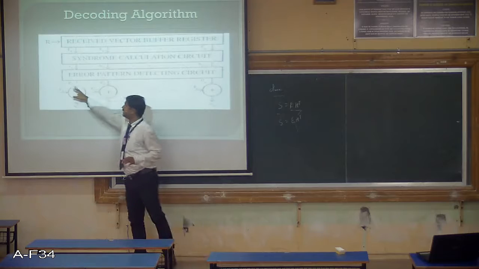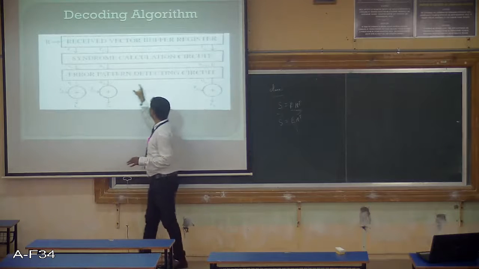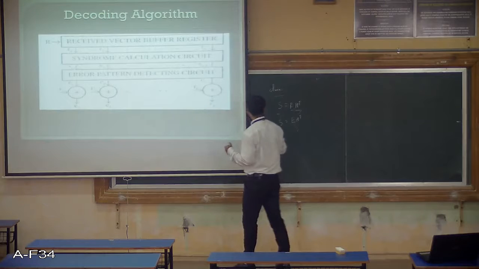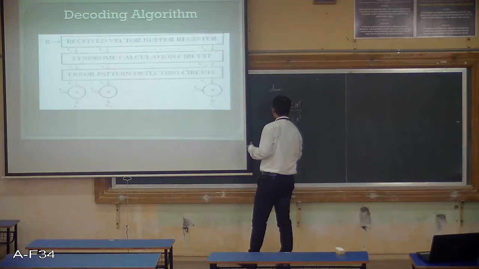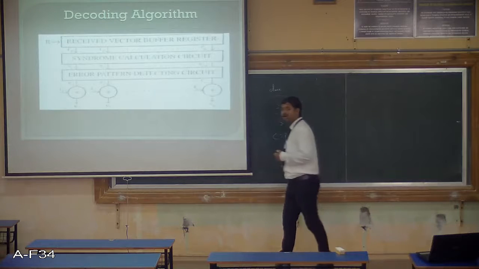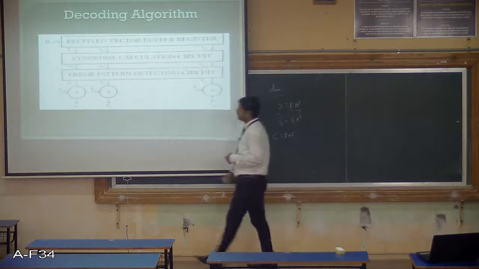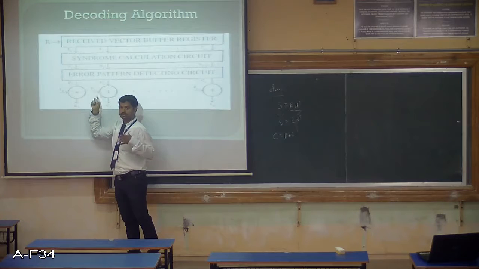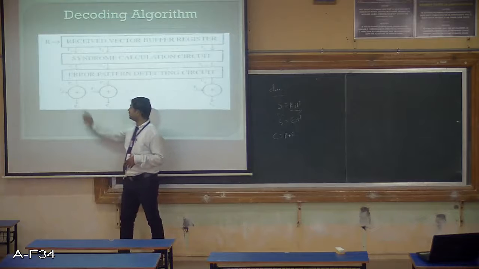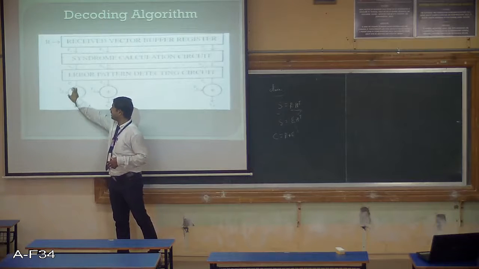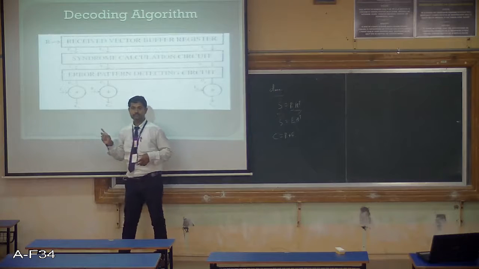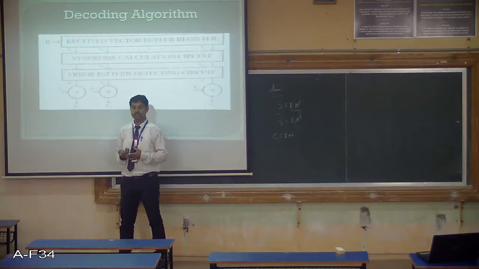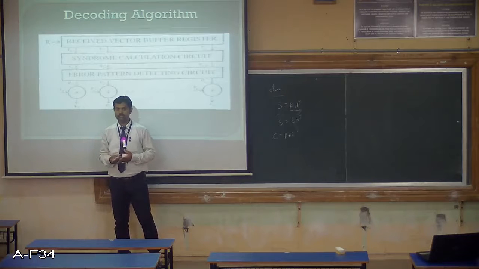So if you get the error pattern E1, E2, and so on up to En, how to correct it? C is equal to R plus E. E is here, and R is the received bits. If you add them, you will get the correct code. So this is the correction circuit, I mean the decoding circuit. Got this?